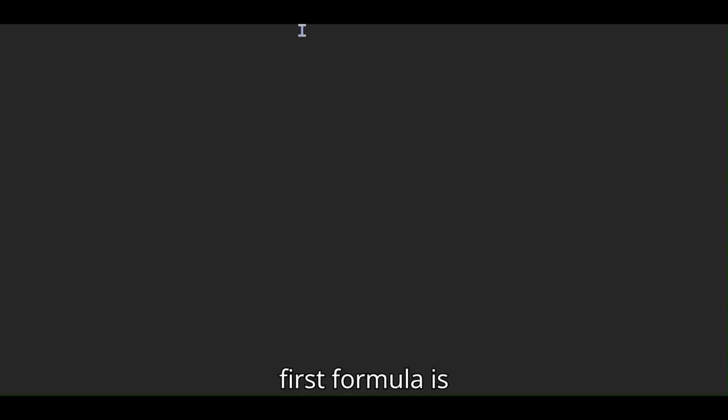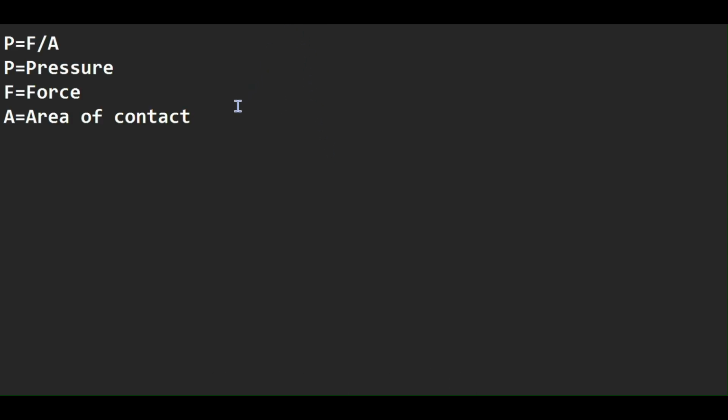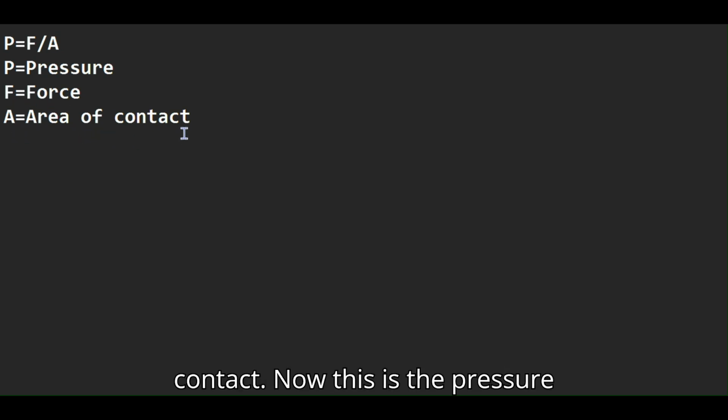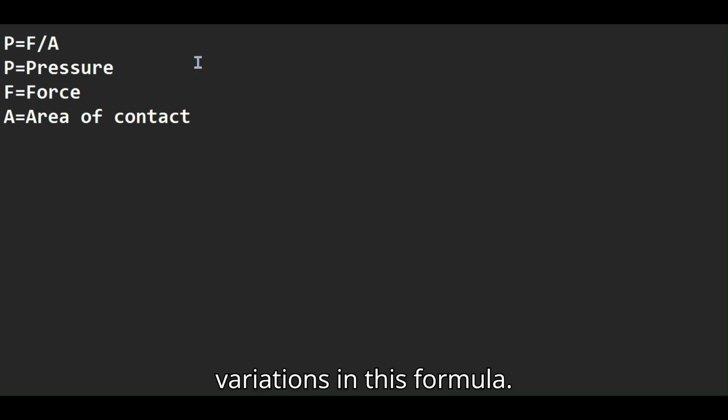Our first formula is P equals F by A, where P is pressure, F is force, and A is area of contact. This is the pressure formula, and there are also some variations.